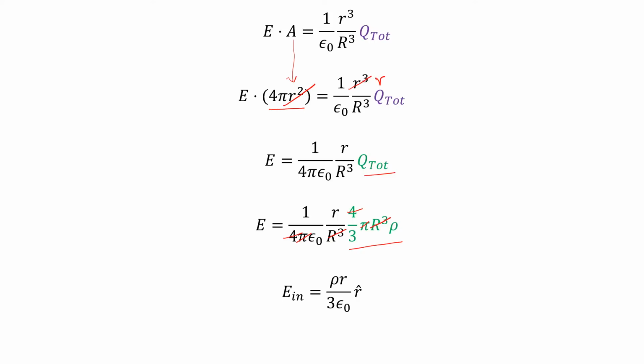So finally you have in the numerator rho multiplied by r, and in the denominator 3 epsilon naught, along the direction r hat. This is the electric field inside the sphere, which is exactly the same as that of problem 2.8, as mentioned in this problem. Then we will move on to the next problem.